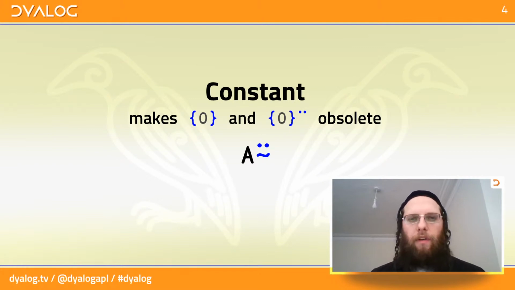Until now, we have had the Dyalog idioms, which are particular spellings in expressions and functions that are highly optimized. They don't actually evaluate what the code says, but rather they are special-cased to go directly to the solution. We've had these 2 idioms, braced 0 and braced 0 each, which would replace any argument with a 0 or replace all the elements of the argument with a 0.